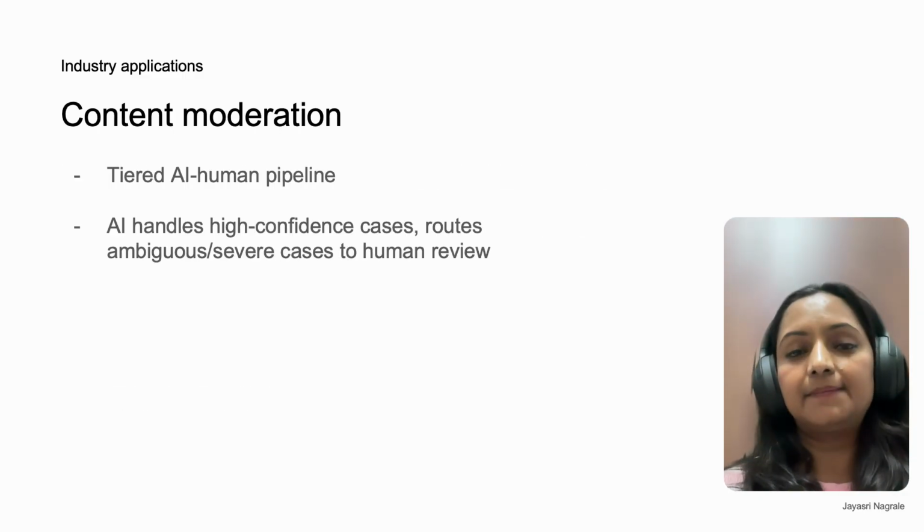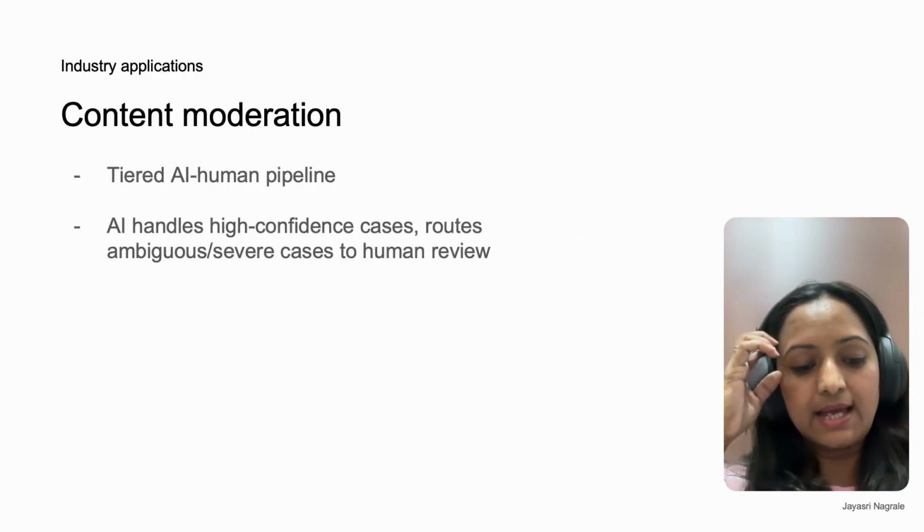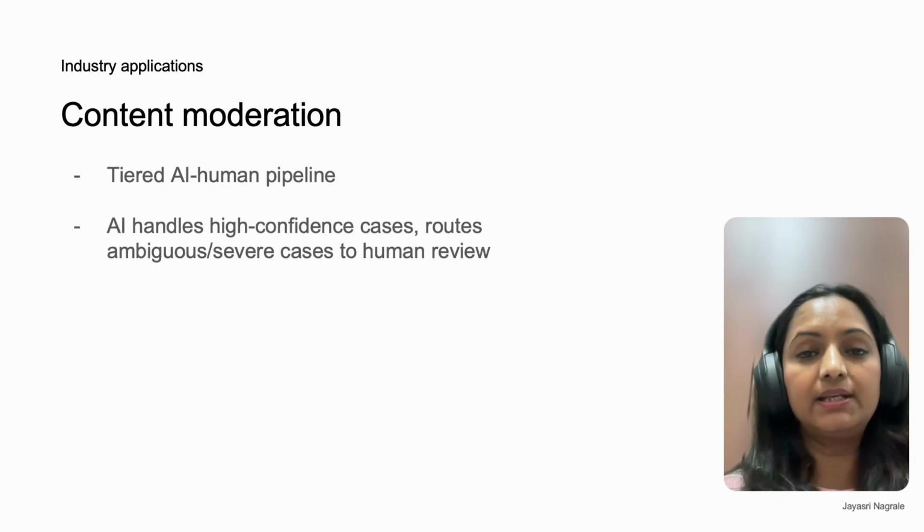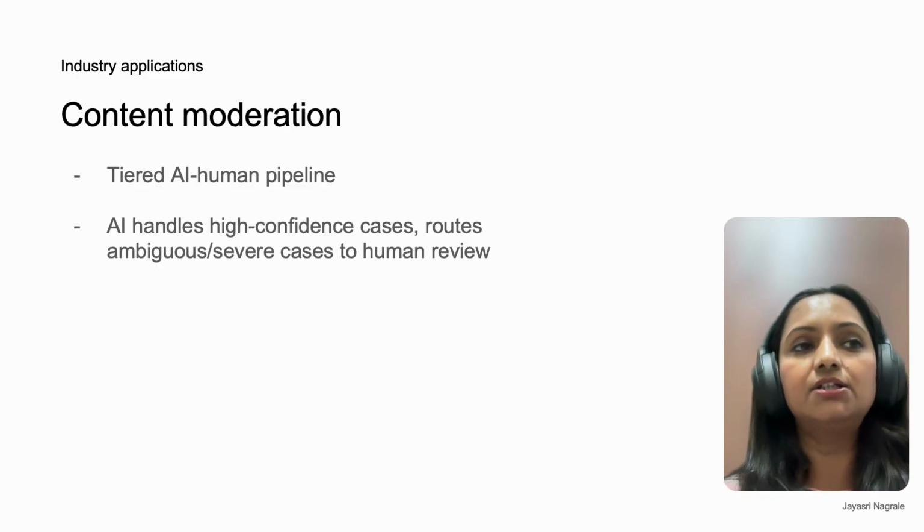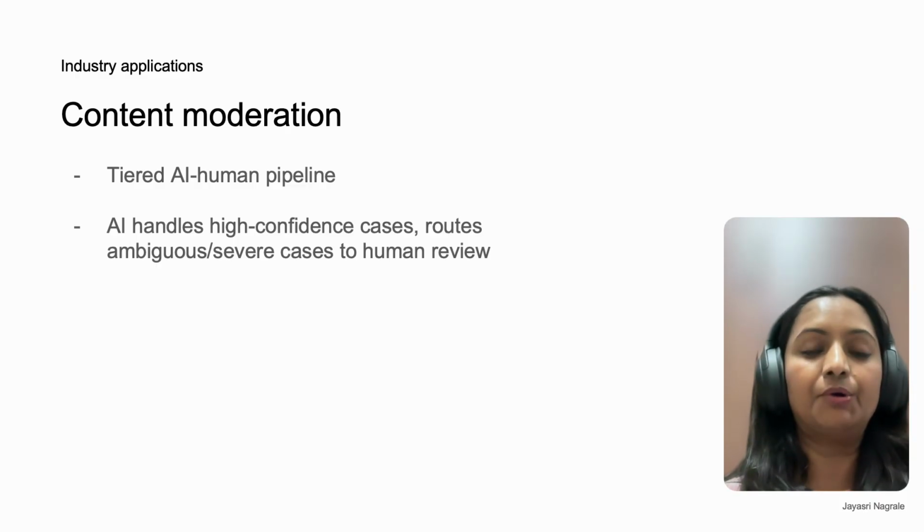The second industry in which we are looking at HITL deployment is content moderation. And this is wherein the AIs will continuously scan freshly produced content on platforms such as Facebook, Meta, YouTube, or all other platforms where people add content.